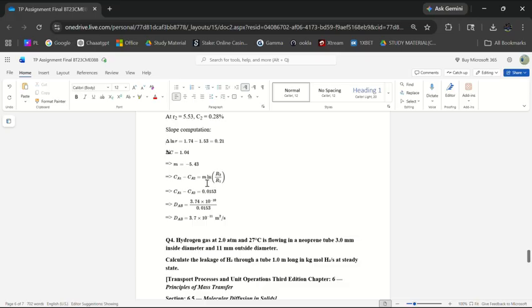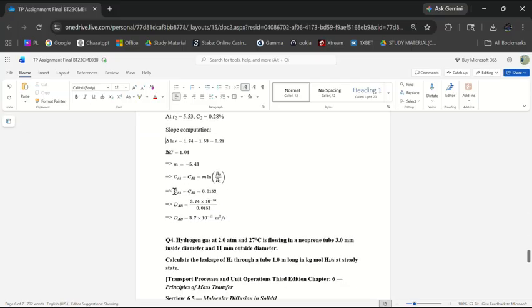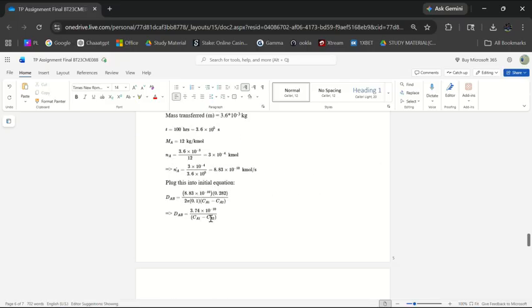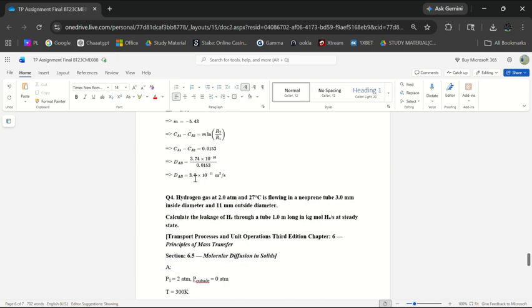CA1 minus CA2 is equal to m ln R2 by R1, and we plug in the value of m, ln R2 and ln R1. We get the value of CA1 minus CA2 as 0.0153, and this we can enter into the expression for DAB in terms of CA1 and CA2 right here to get the final diffusivity, which comes out as 3.7 into 10 power minus 11 meters square per second.